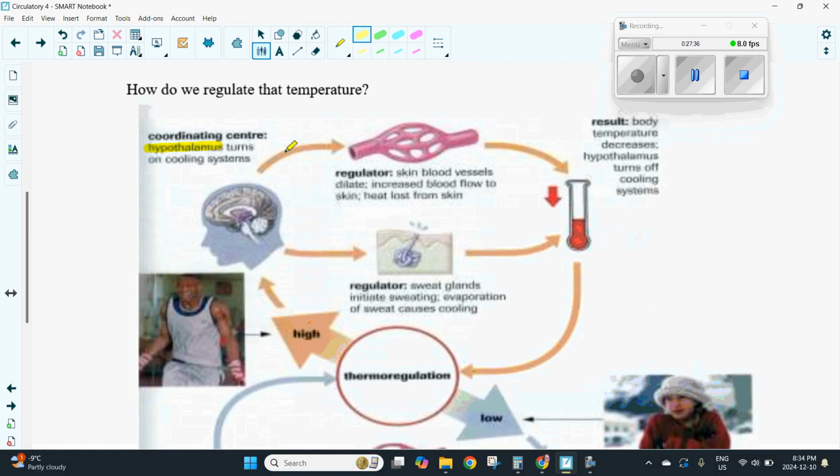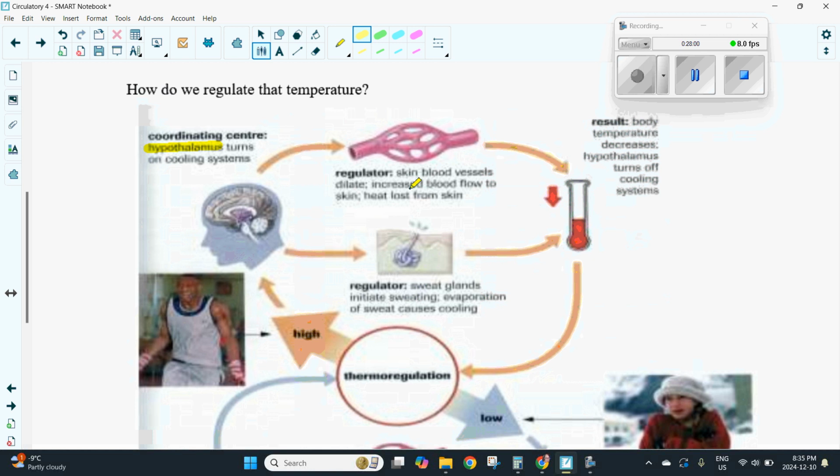What the hypothalamus is then going to do is send a signal to the blood vessels near the skin, telling them to dilate, meaning get bigger. This means that we're going to have increased blood flow towards the skin. If blood is closer to the skin, that means that it's able to lose a lot of heat. So basically, we're trying to give our heat away to the environment.